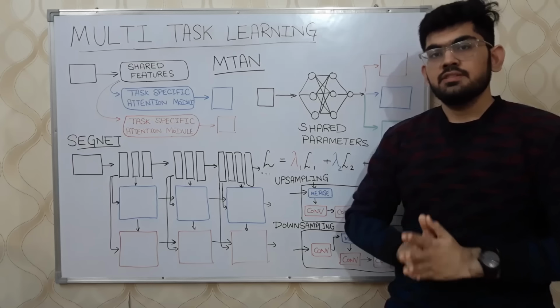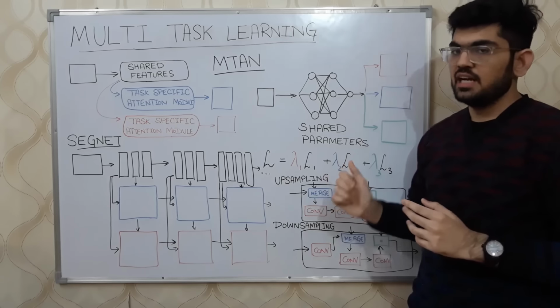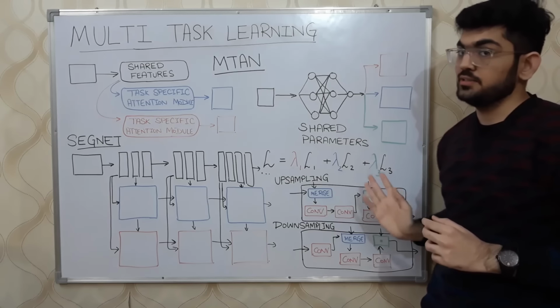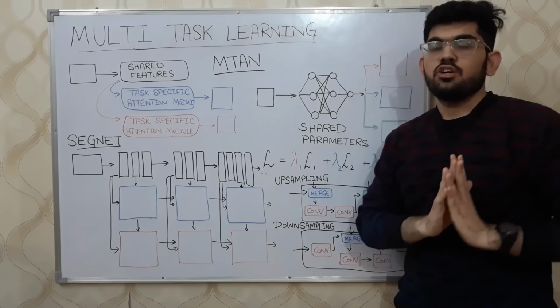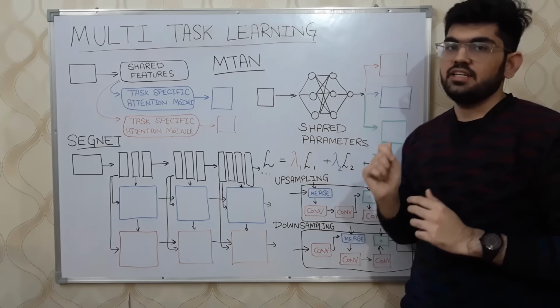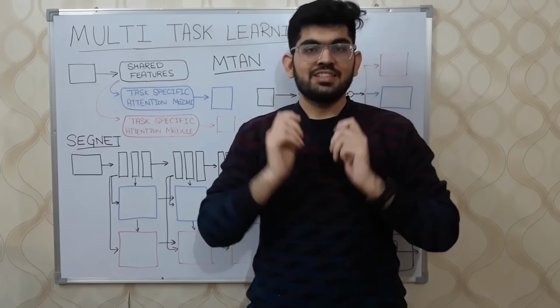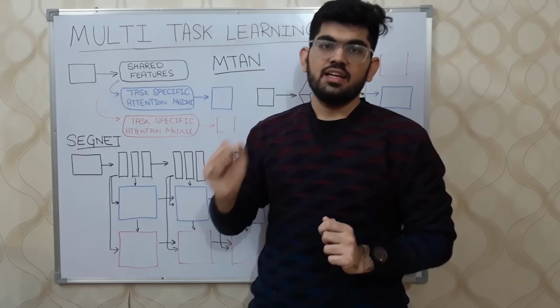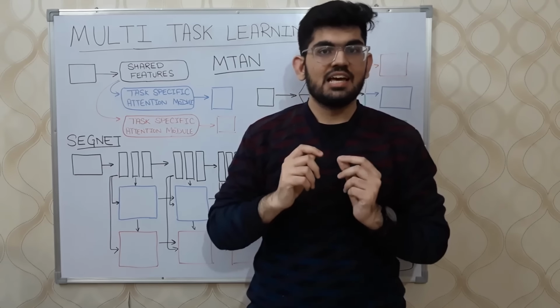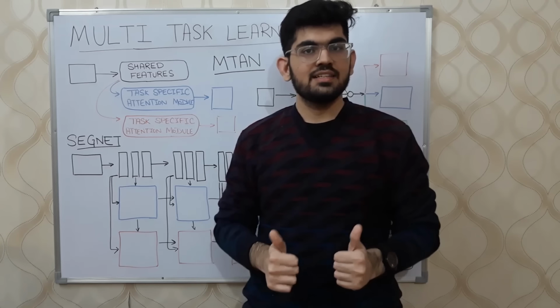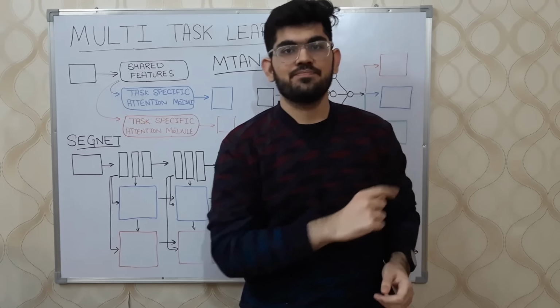And this technique gives us the optimal value of the weights that we should have for these individual losses. So these are the two main contributions of the multitask attention network technique. So this is all the theory that we need to cover for the MTAN technique. Now let us have a brief look at the code and the results generated using this technique.